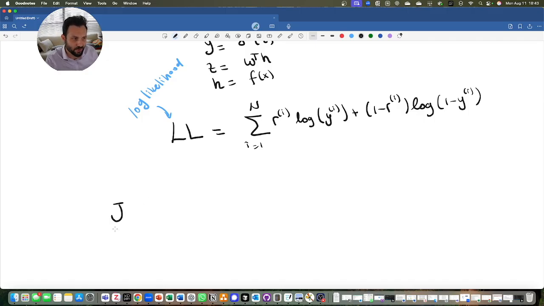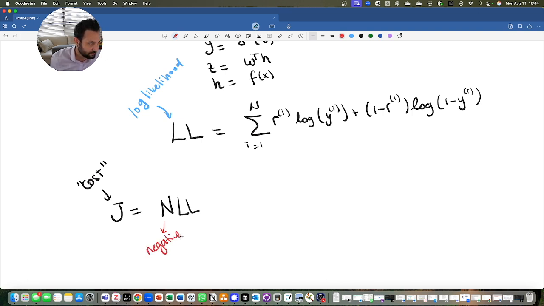And for the cost, finally, my J, which we call the cost, is then not the likelihood, but the negative likelihood, right? This is for TensorFlow implementers: you will find the cost as the negative log likelihood.